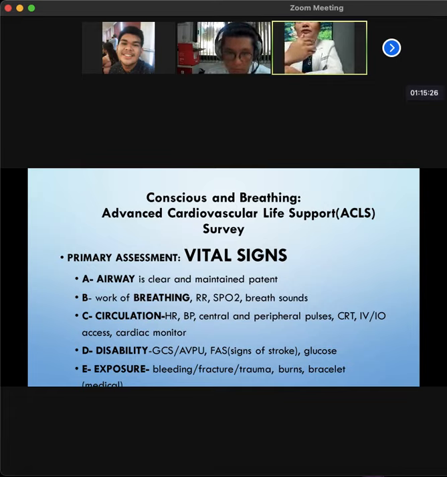Some patients who have seizure disorder, cancer, or cardiac problems have medical IDs. So you have to check also, okay? For you to know, for you to assess the patient properly, okay?